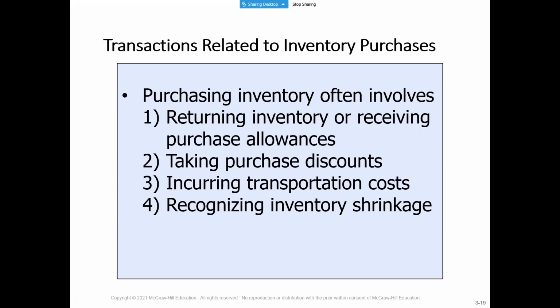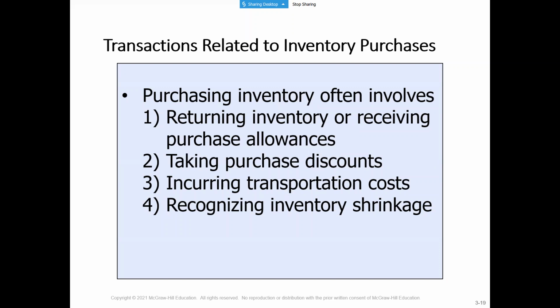We talked about this in the past and will talk about it again here real quick. Say you receive some goods from your supplier and they come in damaged, or they're not exactly what you ordered. You can negotiate with that seller or supplier and tell them, I will accept these goods, but for a reduction in my bill. That is a purchasing allowance.